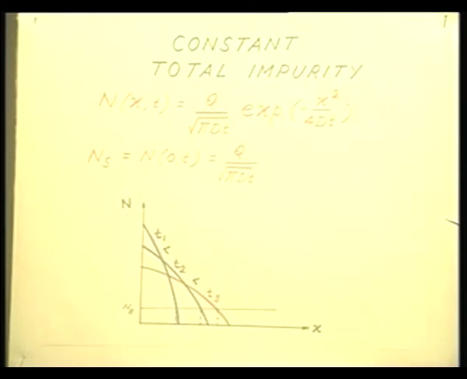Again, let me draw your attention to this curve. In this particular case, you see, as the time progresses, the junction depth increases. This is the junction depth for t equal to t1 case. This is the junction depth for t equal to t2 case, t2 being greater than t1, and this is the junction depth for t3 being greater than both t2 and t1.